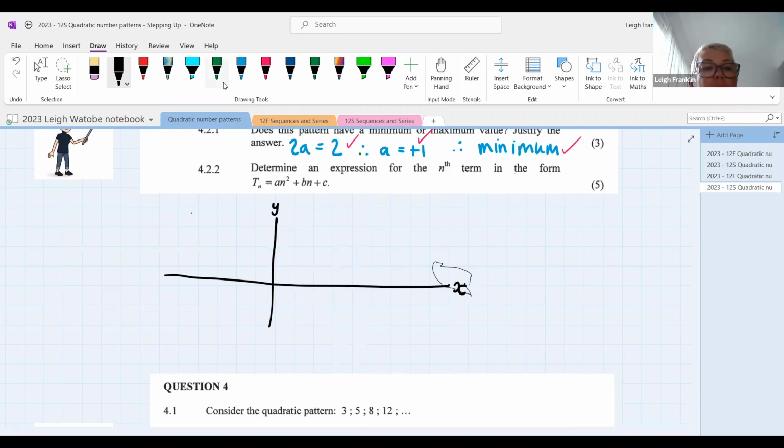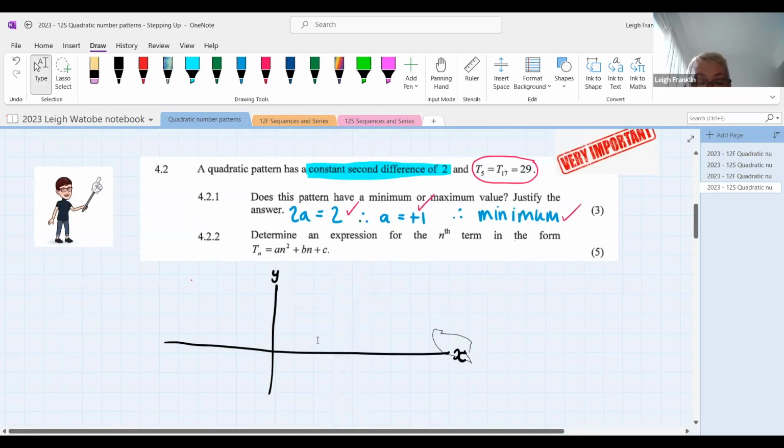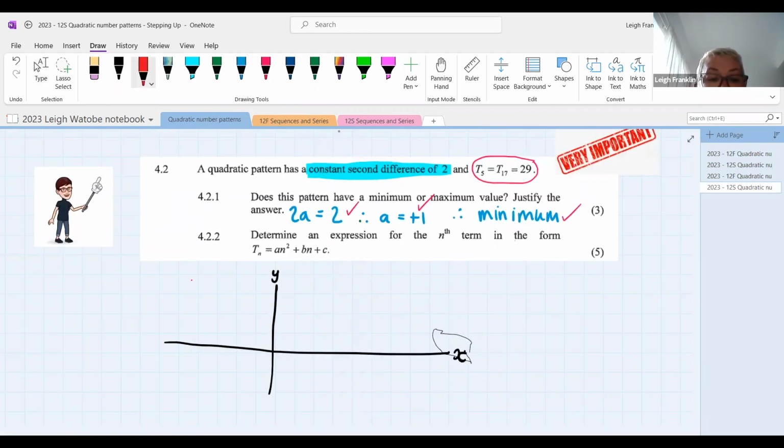If your parabola was, and we don't know, it's got a minimum. We don't know what the minimum is though. I'm going to draw this, but I'm not 100% sure of where its position is. I just know what its shape is. So I know that it has to have a minimum value.